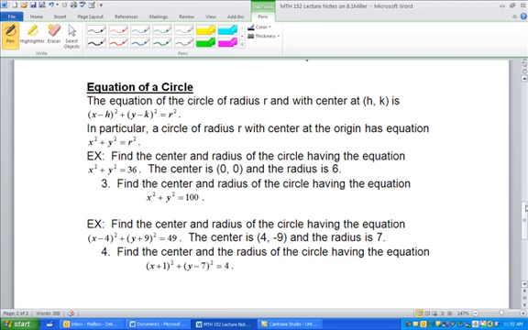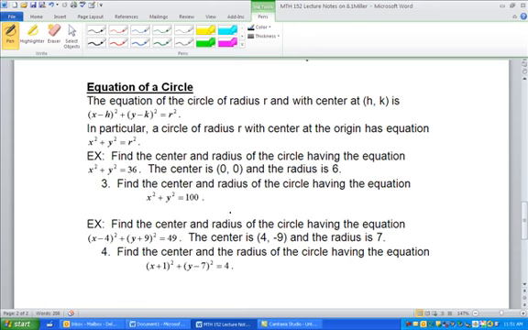Okay, so find the center and radius of the circle having the equation x squared plus y squared equals 36. The center would be at the origin because we don't see anything being subtracted from x or y, and the radius is the square root of 36, which would be 6.